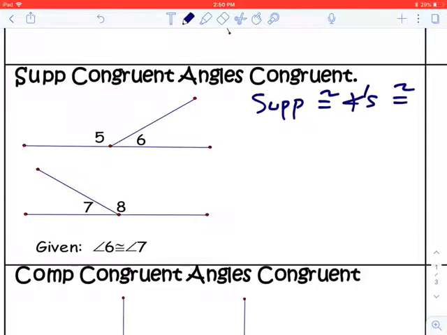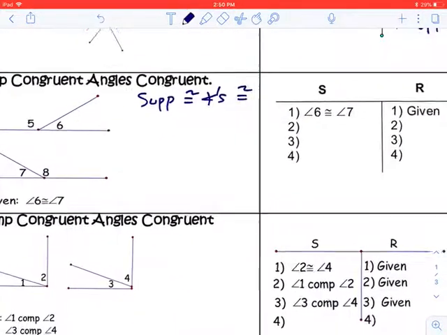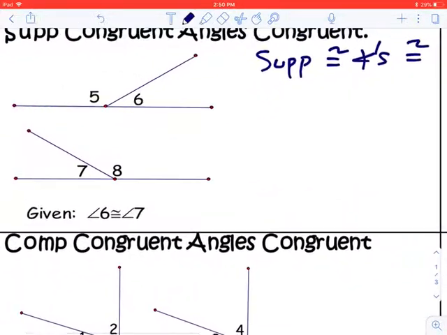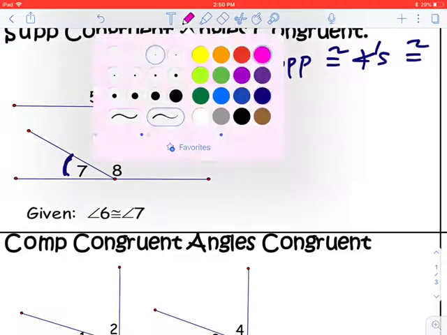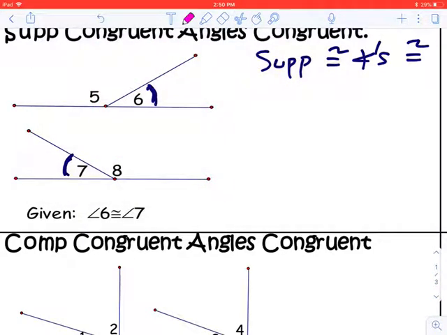Which seems kind of confusing, but look at what's given to us. 6 and 7 are congruent. Okay, I know 6 and 7 are the same. Now, what else do I know from the picture? Well, 7 and 8 are supplementary, and 5 and 6 are supplementary.